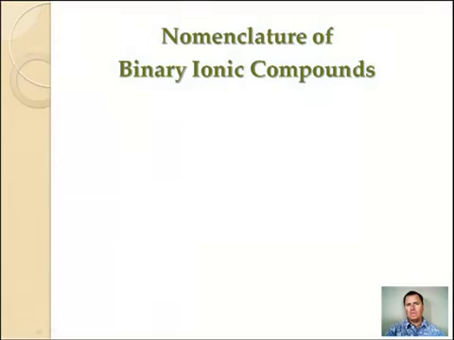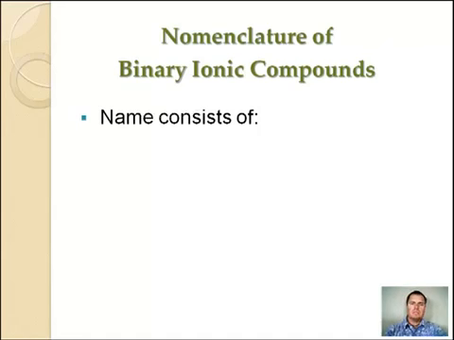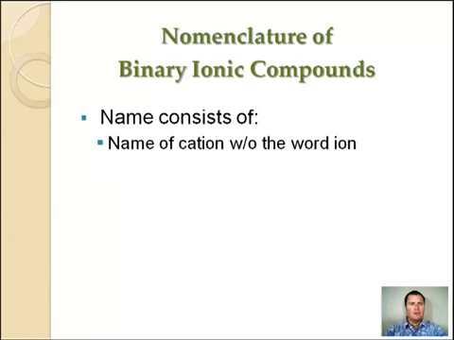Okay, now that we know how to write the compounds, we need to know how to say them. We know that NaCl, for example, is sodium chloride. How do we know this? Well, the name consists of a binary ionic compound. Remember, I'm stressing binary, made up of only 2 elements that are going to be a cation plus an anion. It consists of 2 things. The first thing is the name of the cation.